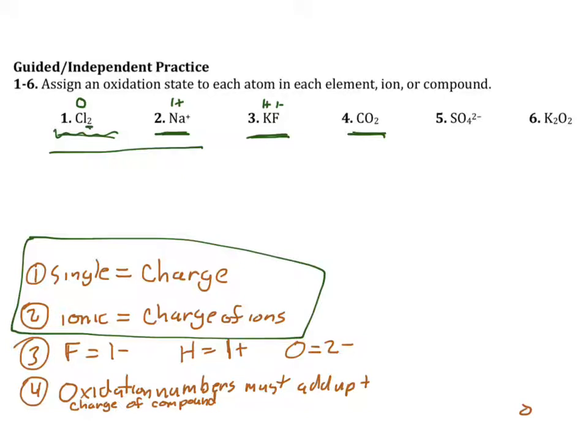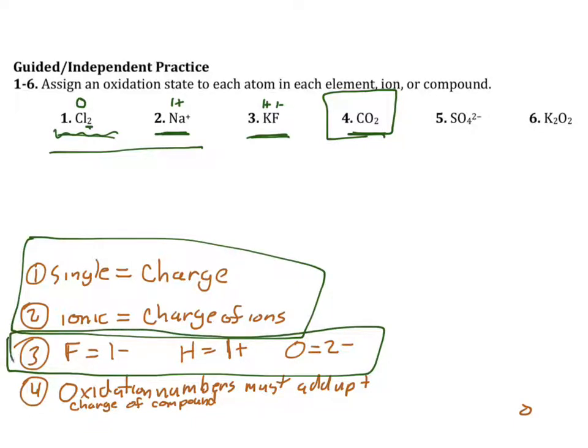Now let's move on to number 4 here. This is an example of something where it's not an element alone by itself and it's not an ionic compound. This here is a covalent compound. For covalent compounds, you really want to focus on number 3 right here. Essentially, you want to assign an oxidation number to fluorine, hydrogen, or oxygen, whichever element it has.